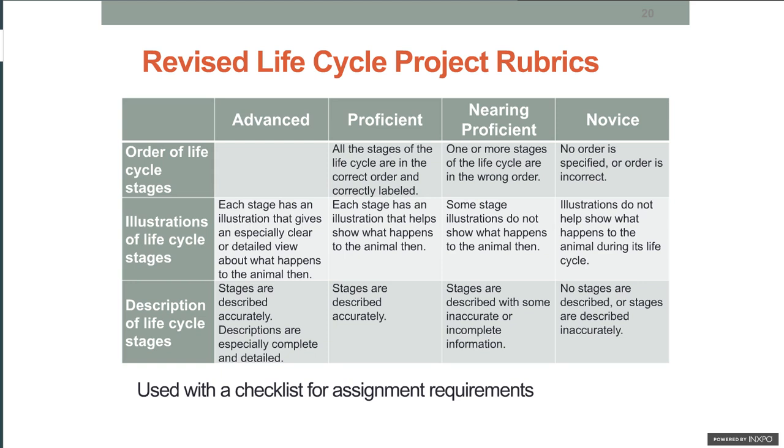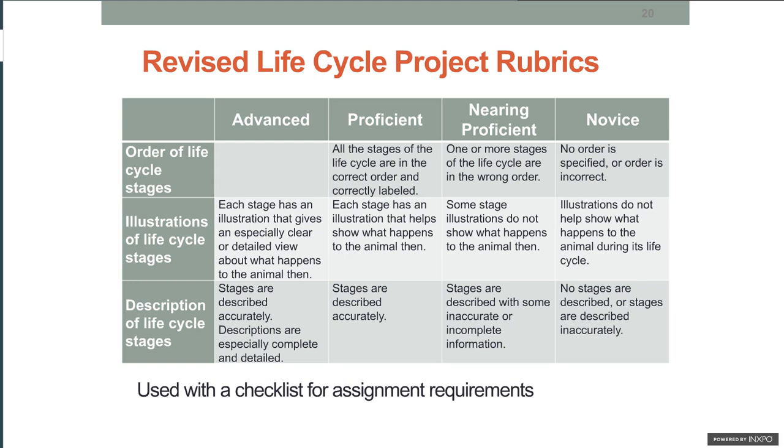Students could use these during the preparation of their poster, and that would help. What would really help is if the teacher had given a slightly different assignment where they had to find an animal, figure out what its life cycle was, and then do something with that information.